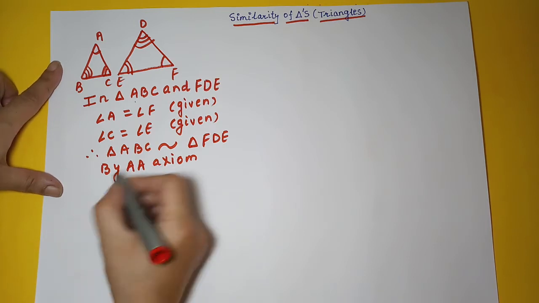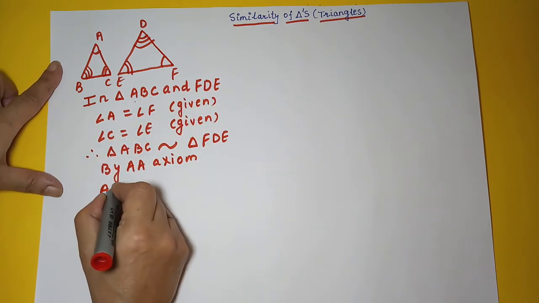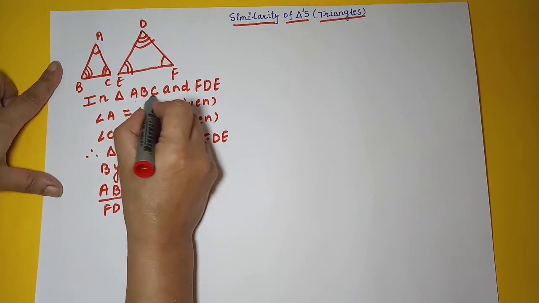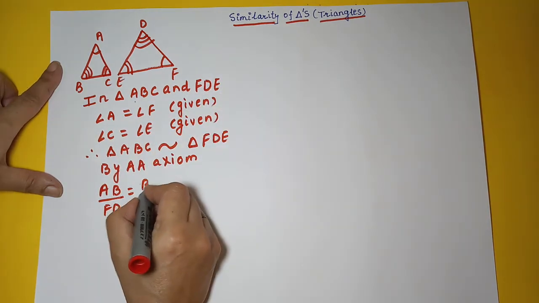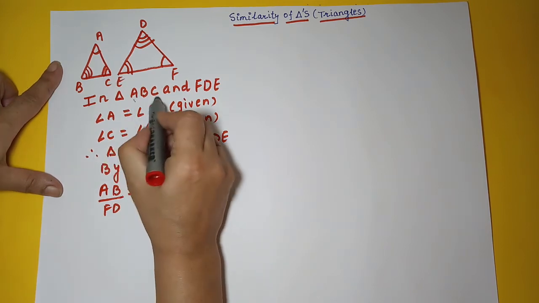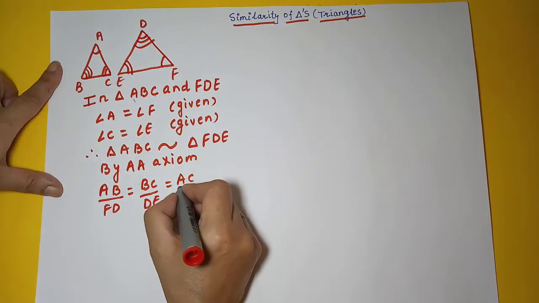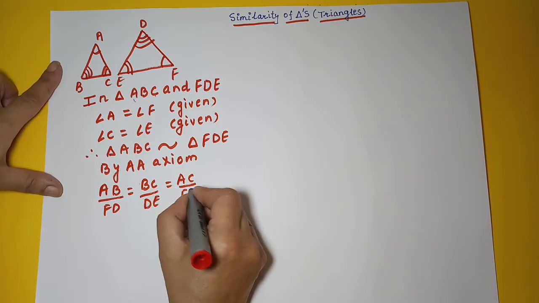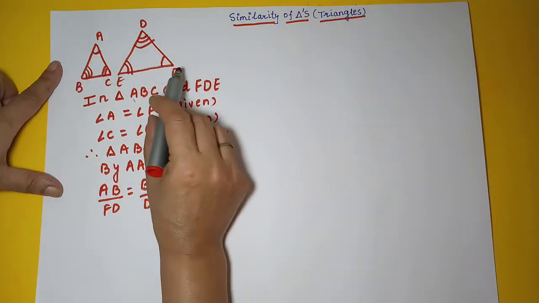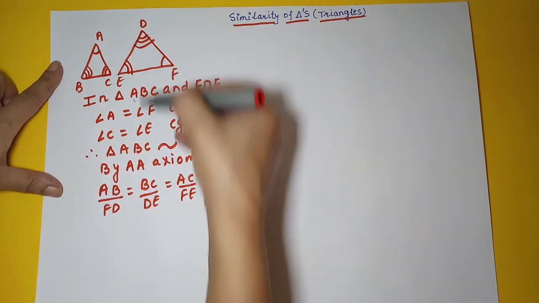So now I have AB upon FD is equal to BC upon DE is equal to AC upon FE, right? Now it has become simple for me to write it in this manner. So when two triangles are similar, their corresponding sides are proportional to each other. You have to remember this.